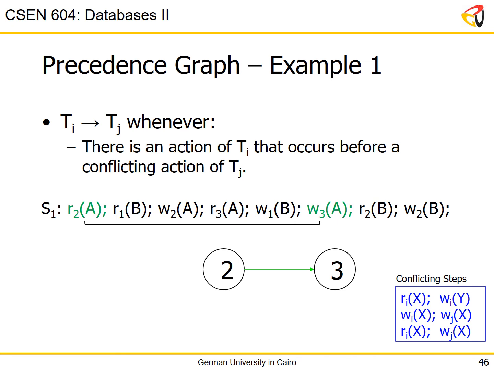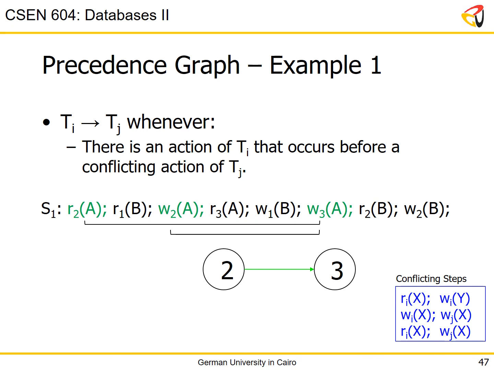Now I'll go back, because I really have 3 transactions here, 1, 2, and 3, and I'll check if there is any other conflict. And I can easily find this one: transaction 2 writes A and transaction 3 writes A. This is the second conflicting rule, which, if you look at the blue box at the bottom right, is the second line: transaction I writes X, transaction J writes X. So again, this confirms what I already found, that 2 must run before 3.